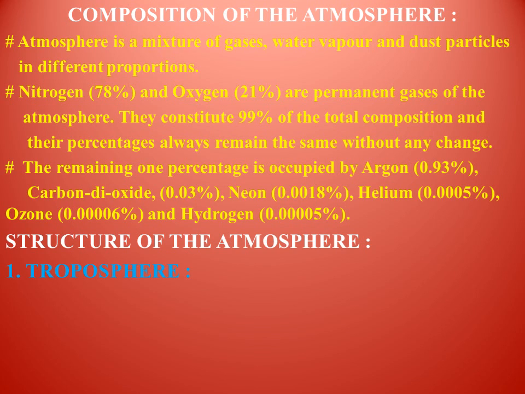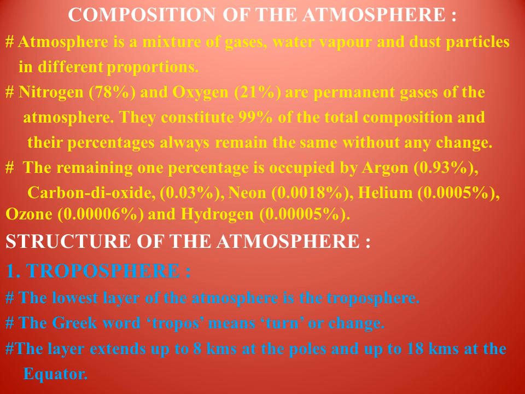The lowest layer of the atmosphere is the troposphere. The Greek word tropos means turn or change. The layer extends up to 8 kilometers at the poles and up to 18 kilometers at the equator.